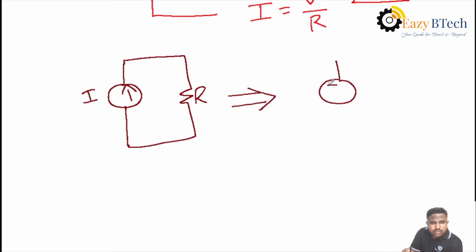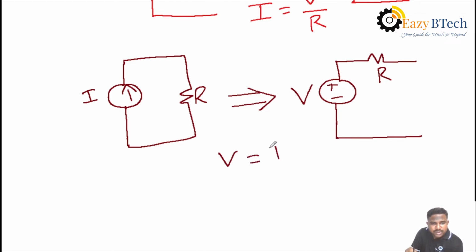Then that voltage source is always in series with the same resistance R. Then you have to find out the value of the voltage from Ohm's law, V equals I into R. We know the R value and I value are given in the problem. Then we can transform into a voltage source V equals IR.